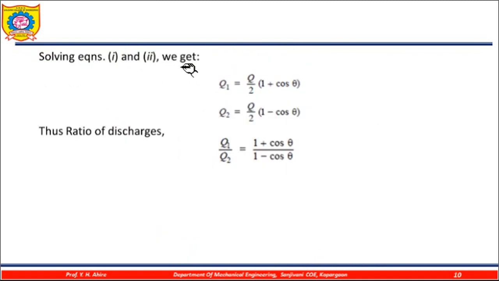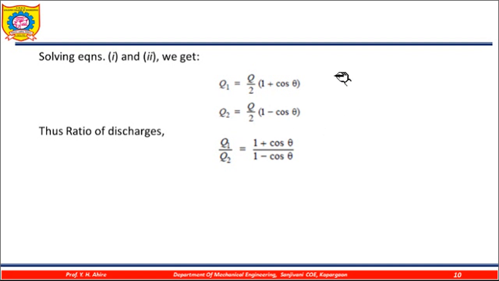Solving 1 and 2, we get the final equations. Q1 is equal to Q by 2, initial volume flow rate capital Q upon 2, into (1 plus cos theta). Q2, the other stream of the jet after impact, is equal to capital Q by 2 into (1 minus cos theta).